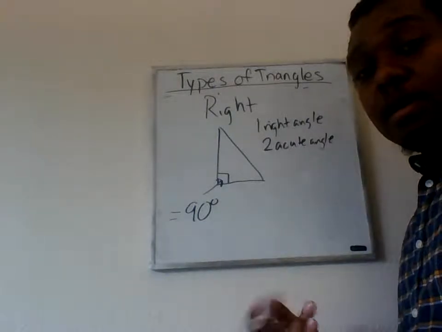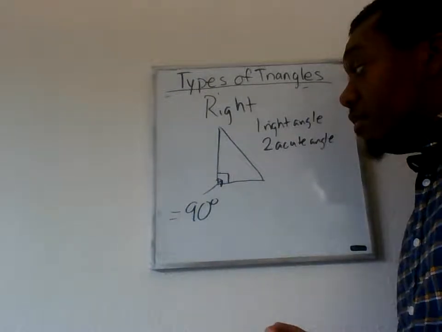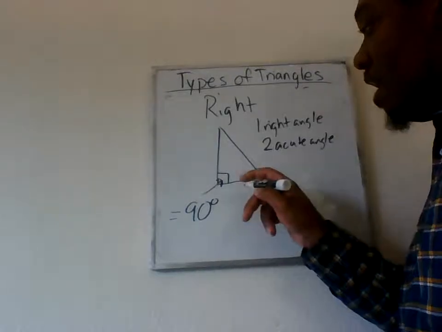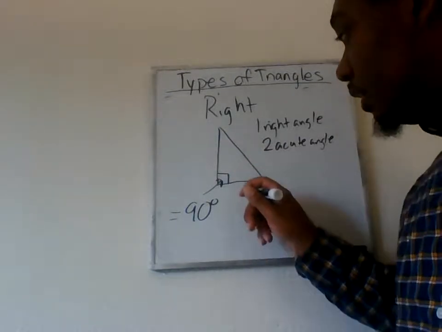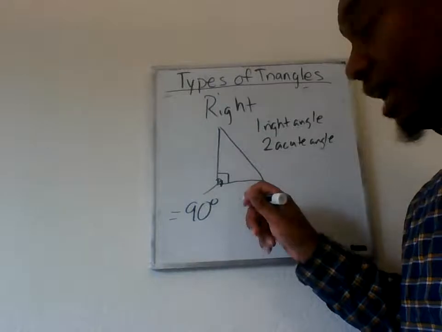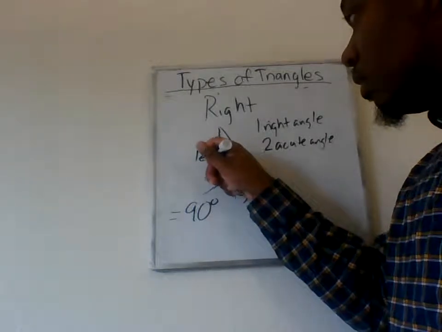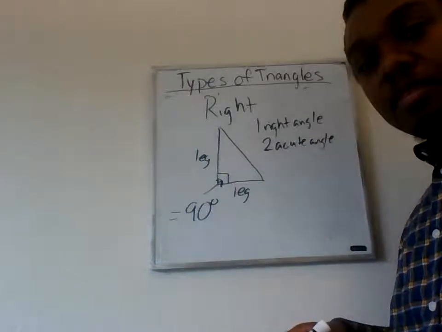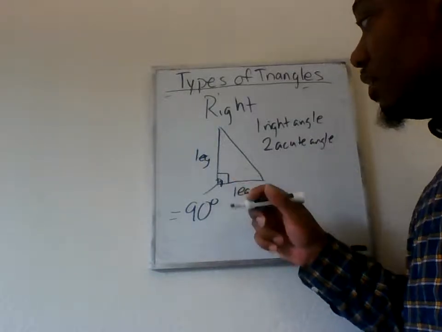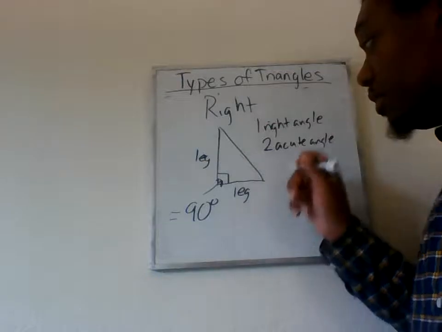There are some cool things that we get in correspondence to that for a right triangle. We have names for the sides here. The two sides that form the right angle are called legs. And the side that is opposite of the 90 degrees is called the hypotenuse.